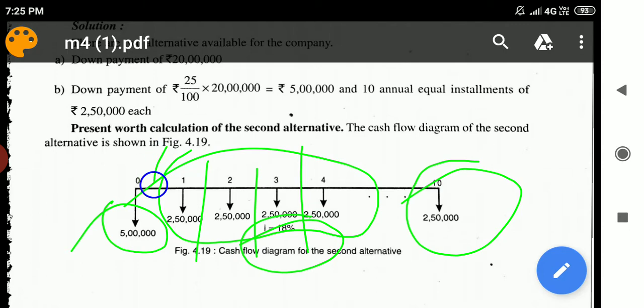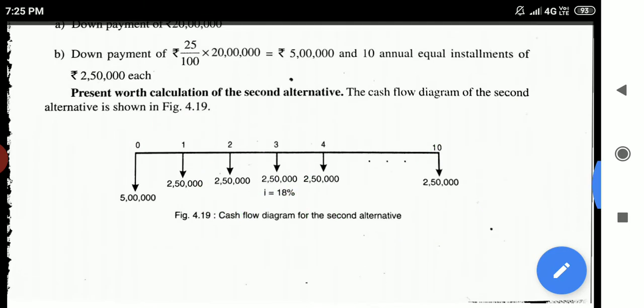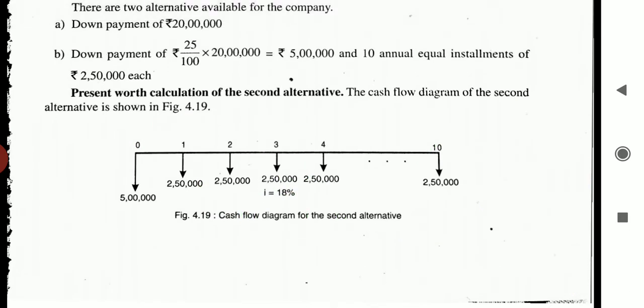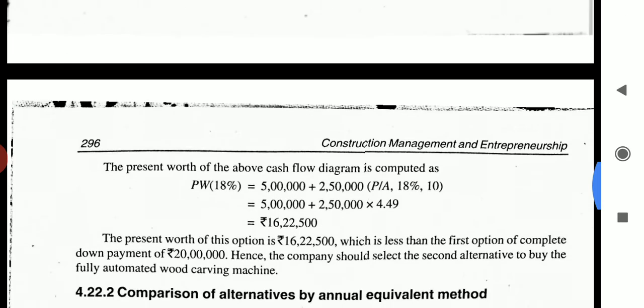So from 1 to 10 years he has to pay some amount, that is 2,50,000. It is an outcome, that is nothing but negative and also downward. In the question he asked to compute the present worth.